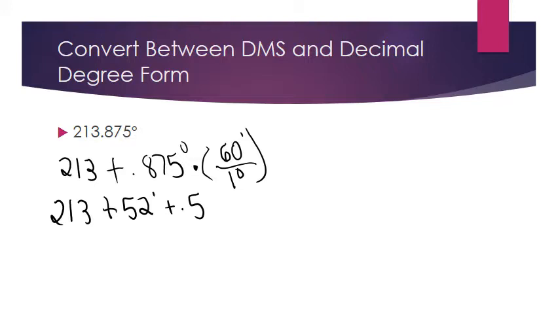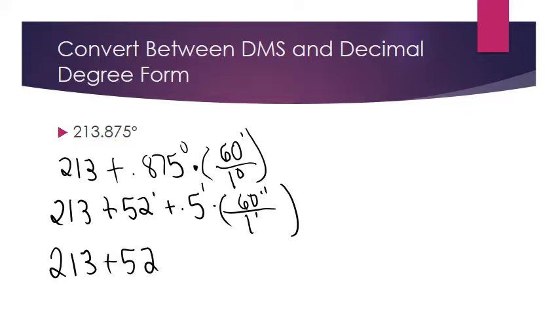And I've got to convert that. Well, this is in minutes, half a minute. And there are 60 seconds in 1 minute. Conversion ratio, what I'm converting to over what I'm converting from. So I've got 213 plus 52. And I've got to finish this off by converting this half a minute into seconds.